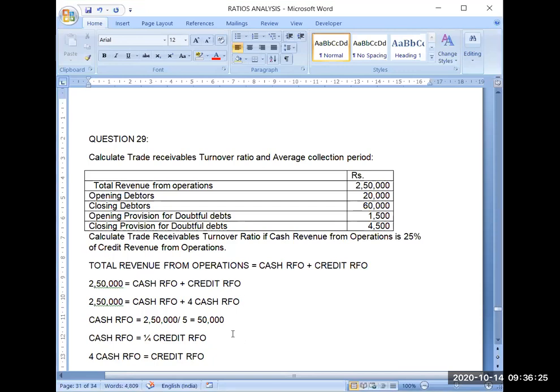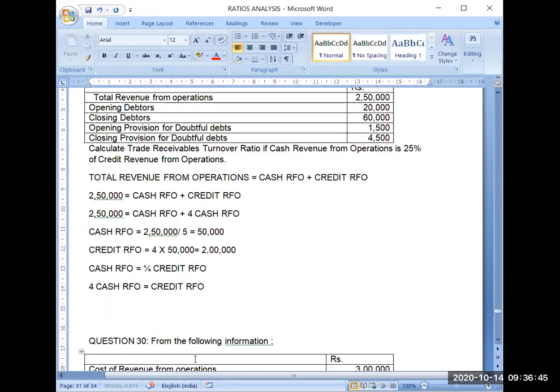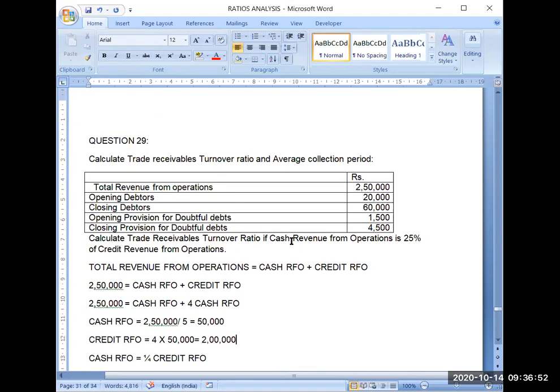Because your cash revenue from operations is 50,000, your credit revenue from operations will be 2 lakh: 4 multiplied by 50,000 is 2 lakh. So now you have got credit revenue from operations. So the numerator you have known now.